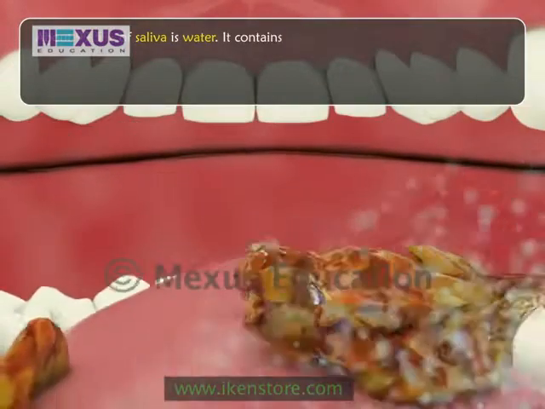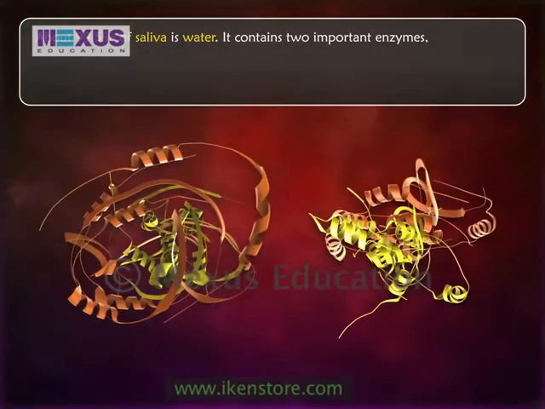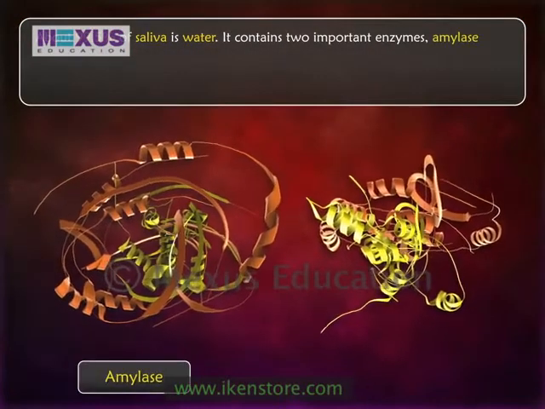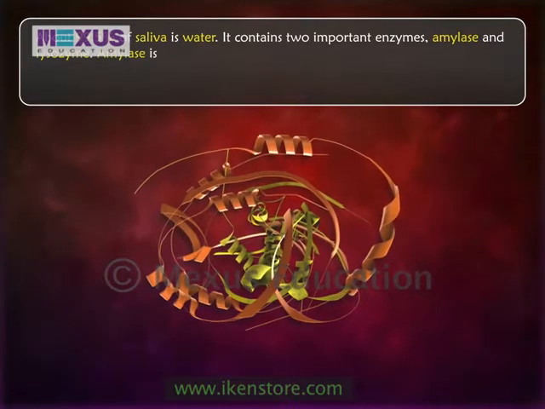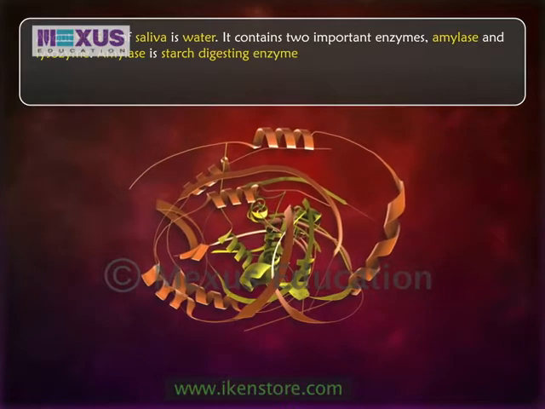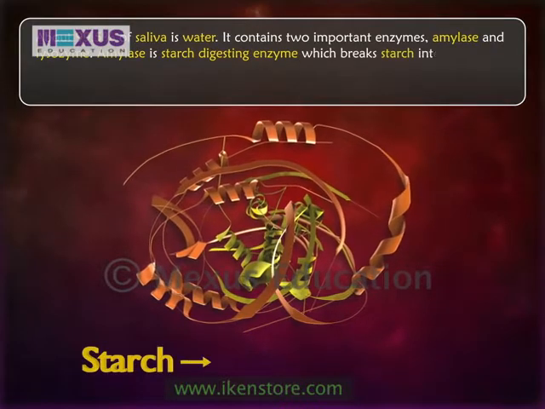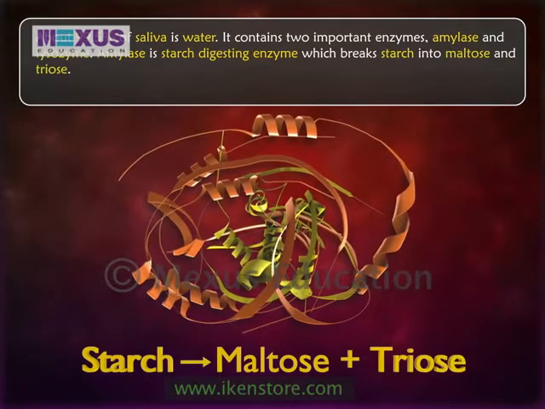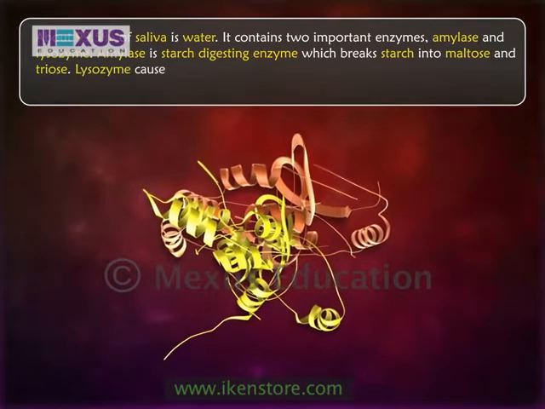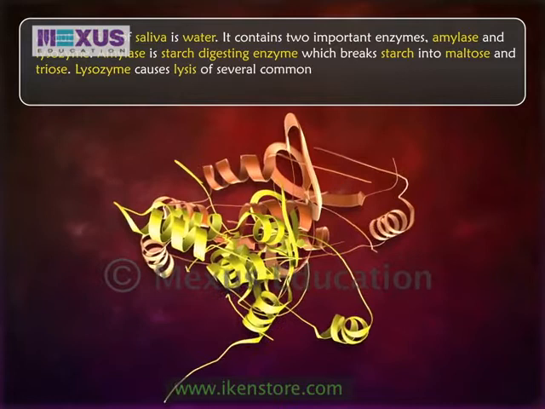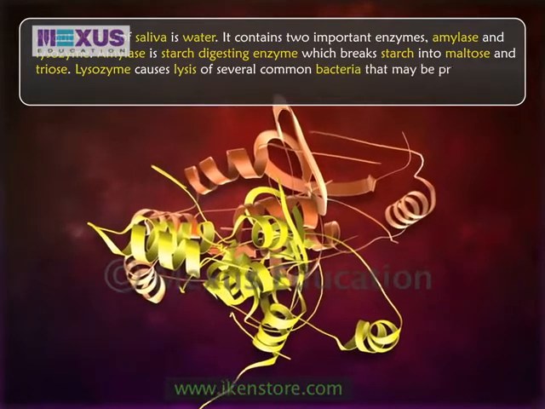It contains two important enzymes, amylase and lysozyme. Amylase is a starch-digesting enzyme which breaks starch into maltose and triose. Lysozyme causes lysis of several common bacteria that may be present in the mouth.